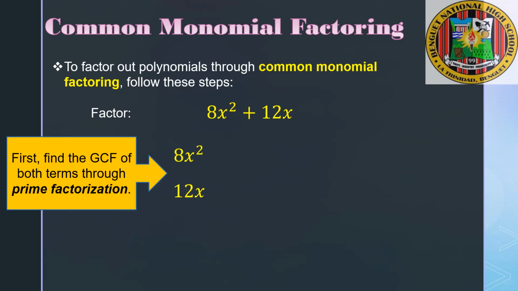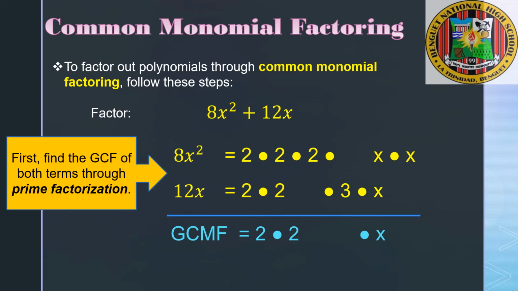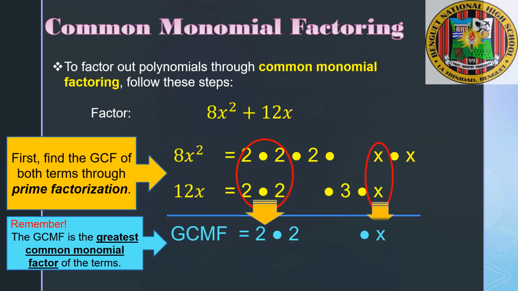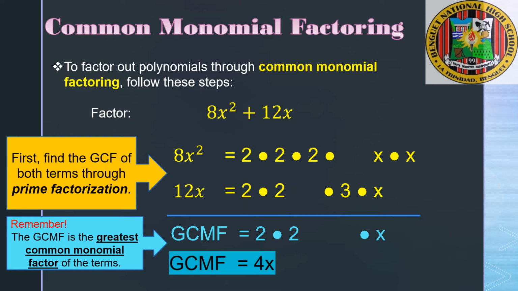For the variables, we expand the ones with exponents. After writing out the prime factorization, we then solve for the GCF. To get the GCF, we copy the factors that are common to all of the terms. In this case, we have 2 times 2 and x. So in multiplying them, we have our GCMF, which is 4x.